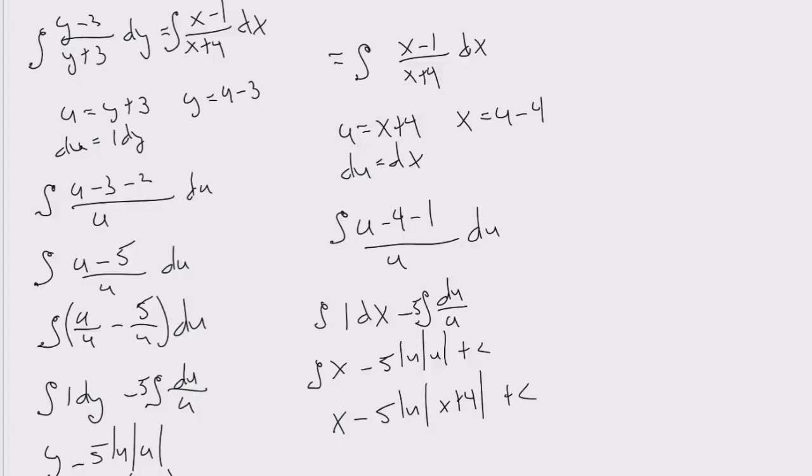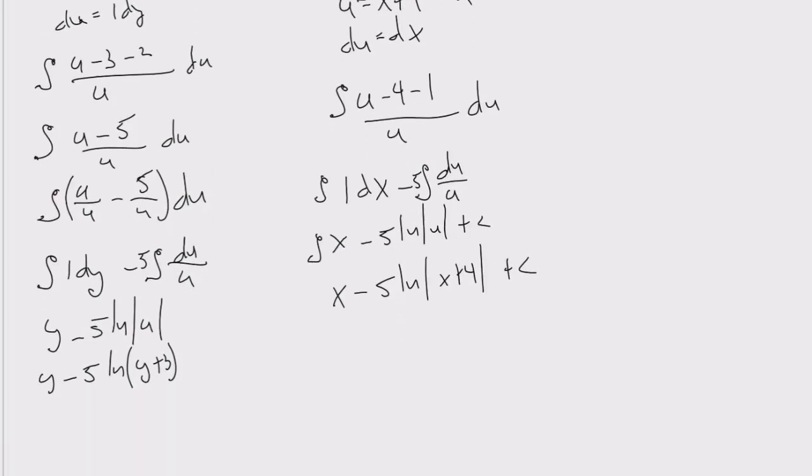Okay, so let's put all of this together. So we have y minus 5 ln of y plus 3 equals x minus 5 ln of x plus 4, and there's our plus c.